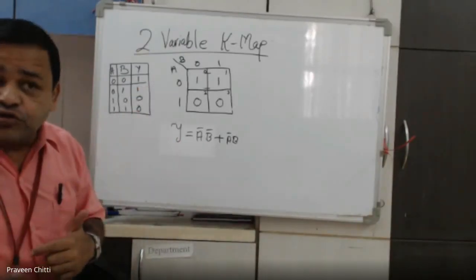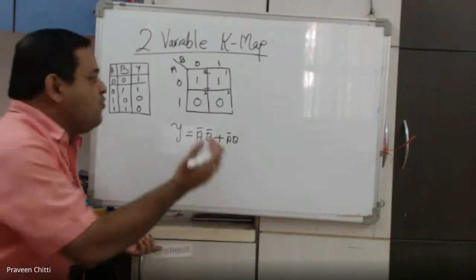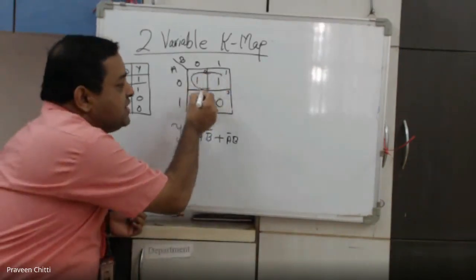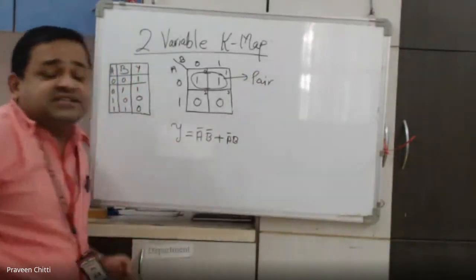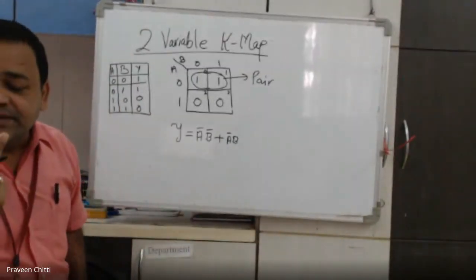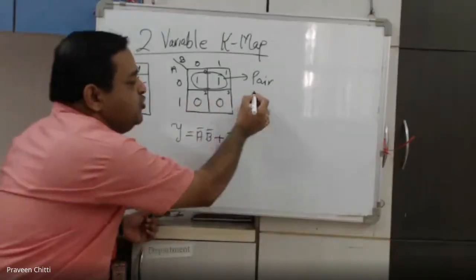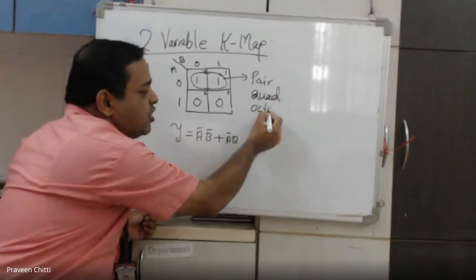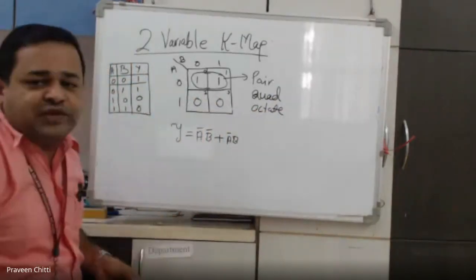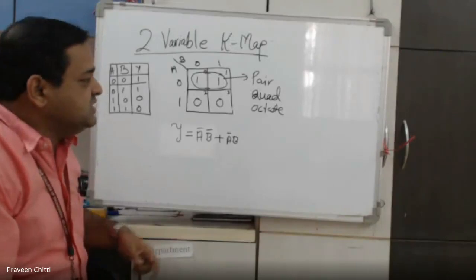But why are we doing grouping? To simplify it. So we can group these 2 ones, forming a pair. Why is it called a pair? Because we have combined 2 ones. Like this, you can form a quad also, or an octet. All may not be possible with 2 variables; with higher variable K-maps it is possible.